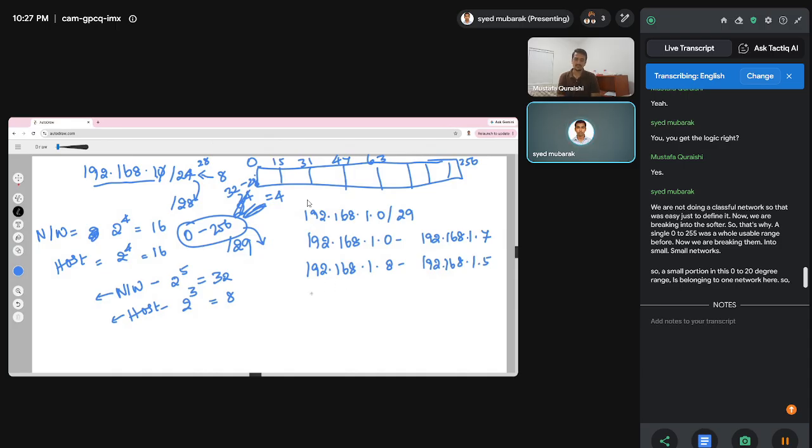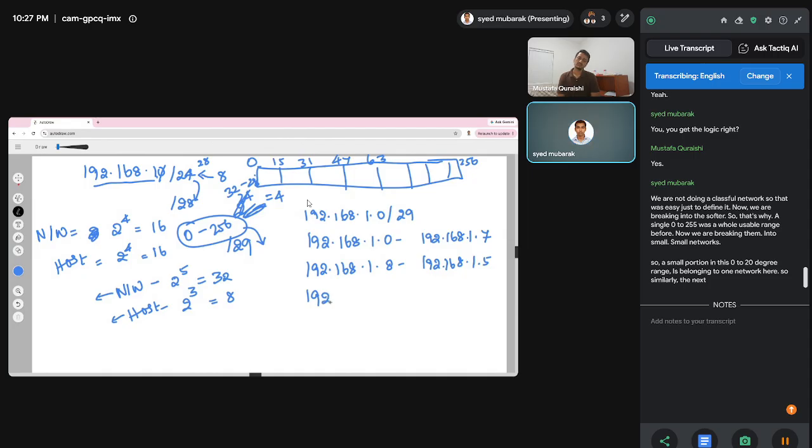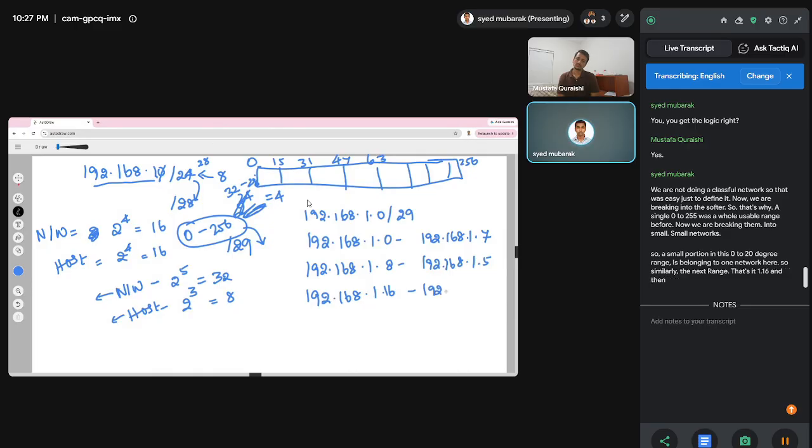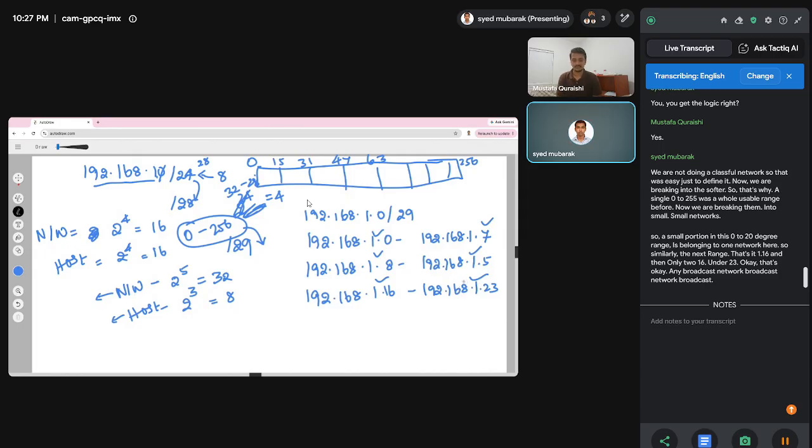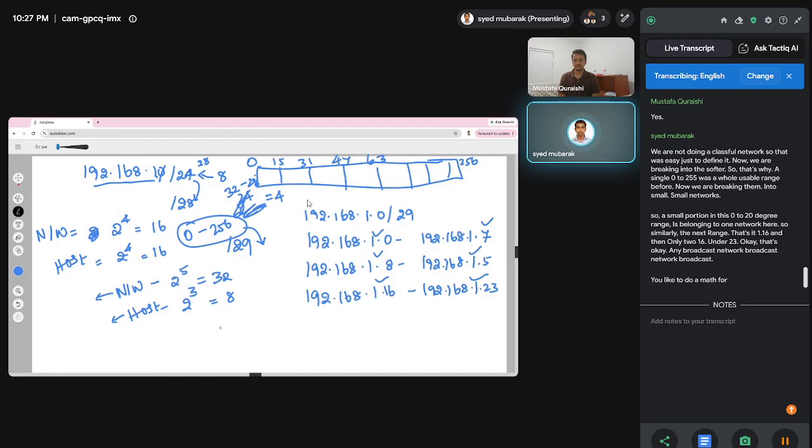Similarly, the next range starts at 192.168.1.16 and goes to 192.168.1.23. Network ID, broadcast, network, broadcast, network, broadcast. Okay, would you like to do some math for this?